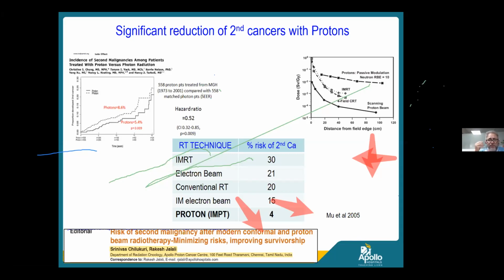There are other factors, genetic factors, and systemic therapy factors, chemotherapy itself can cause it, but a significant proportion is because of radiation, and at least that risk can be reduced with modern protons.